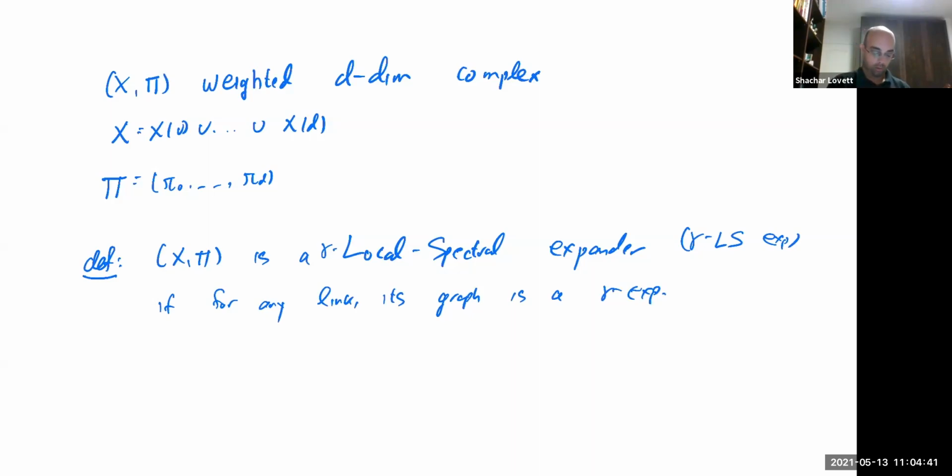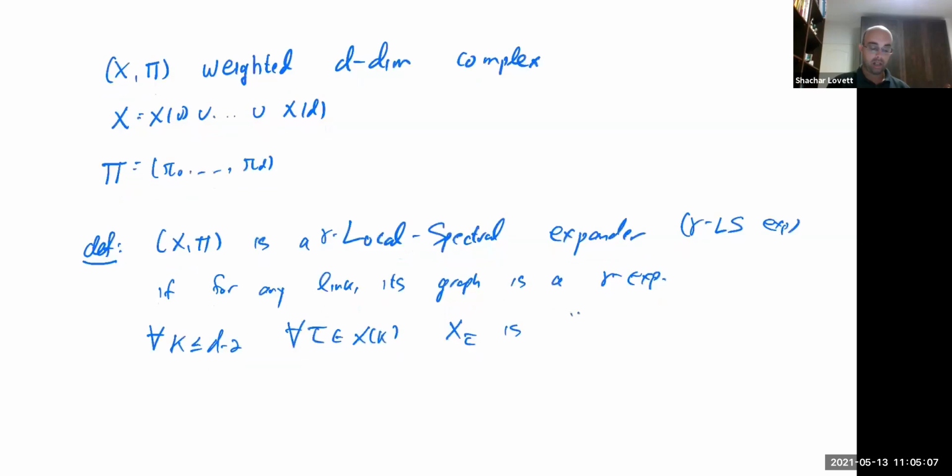And so for every k which is at most d minus 2, for every face tau in Xk, the underlying graph for X tau is a gamma expander. The underlying graph of the complex is, because this is just a recursive definition.